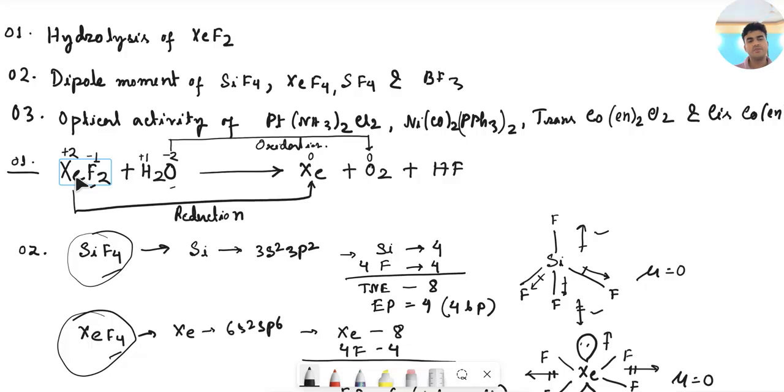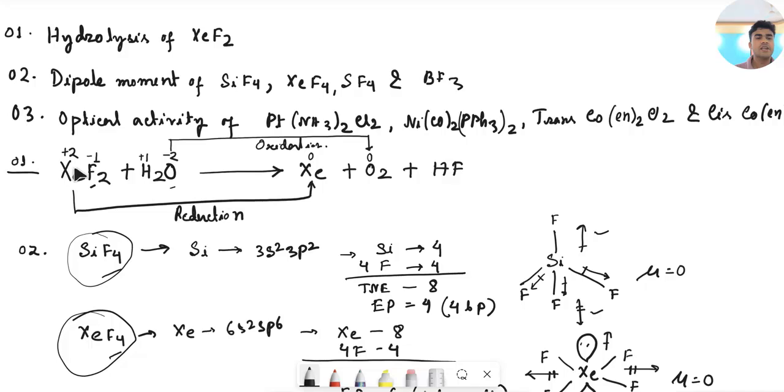So Xe, which is an inert gas, will have a tendency to get reduced to its zero state, reducing the oxidation state from +2 to 0.